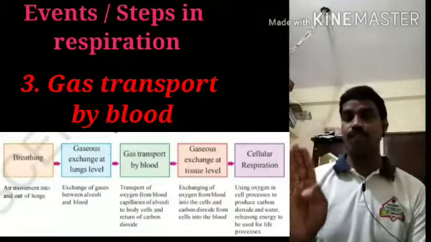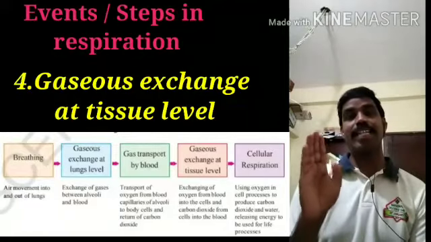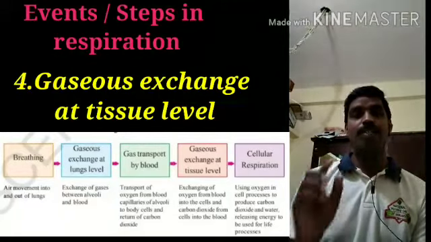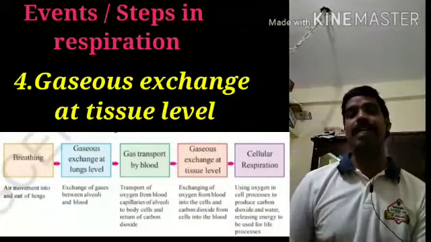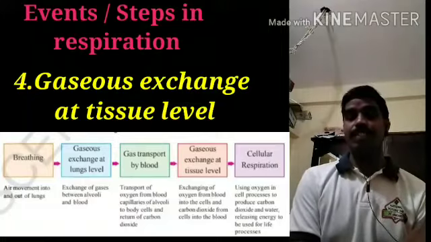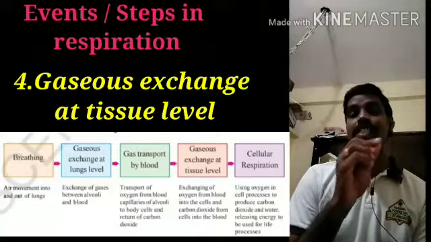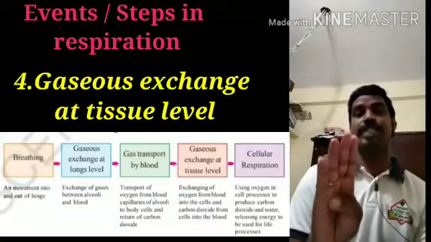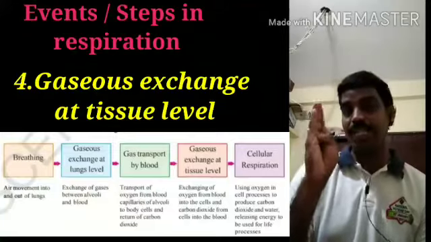The fourth one is gases exchange at tissue level. Blood is responsible for transporting gas from the lungs to tissues. After reaching the tissue, oxygen enters into the cell. This is the fourth step, gases exchange at tissue level.